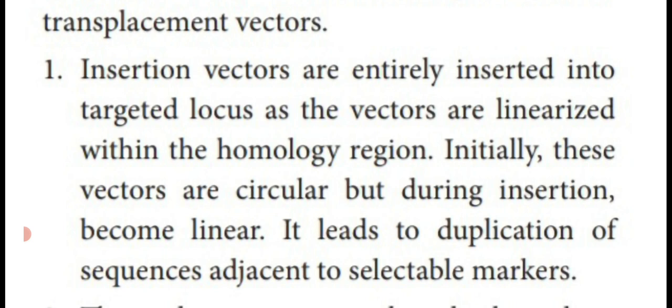That is said to be duplication of sequences or nitrogenous bases, which is adjacent to the selectable marker. Selectable marker is the region by which they select the gene of interest, isn't it? So the region adjacent to the selectable marker, this vector in linear position duplicates the nitrogenous bases. That is the first step that occurs in the target gene effect.